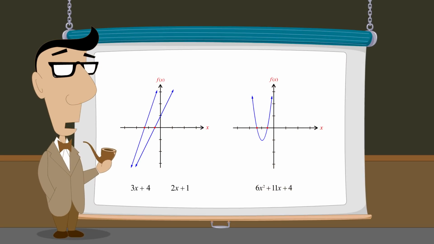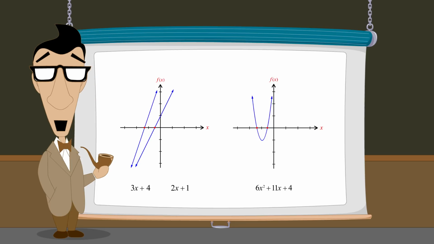So to find the zeros of a quadratic function, we factor it into linear functions and then identify the zeros of those functions. But is it always possible to factor a quadratic function into linear functions?